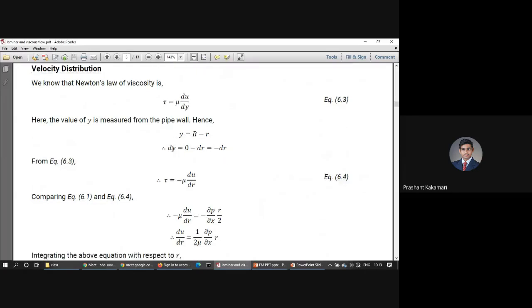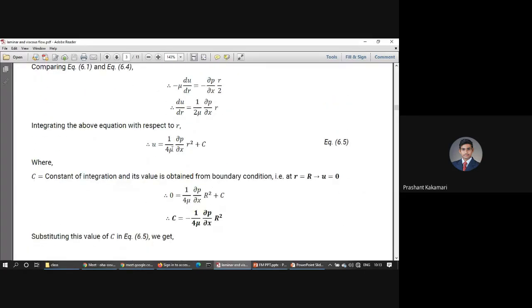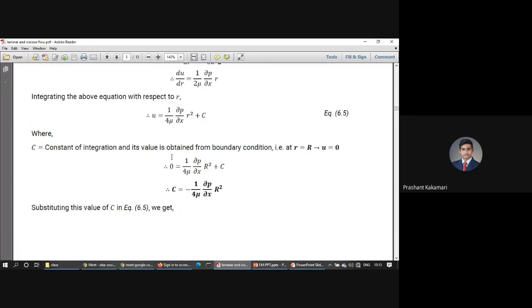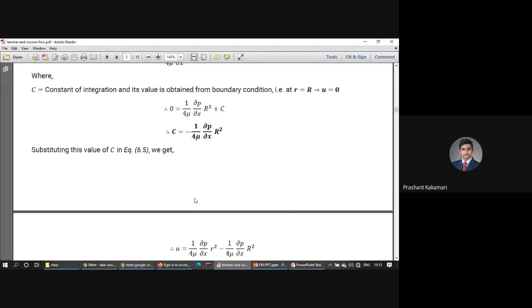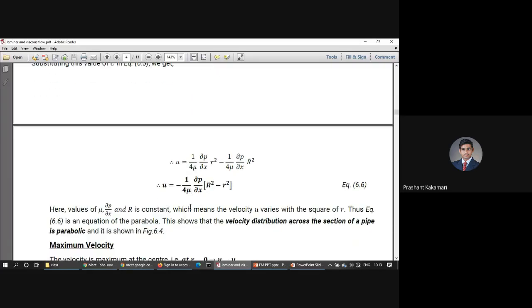Velocity distribution, if you recall the equations: the velocity at a given radius can be found by using 1 by 4 mu dou p by dou x into r square plus c, where c is the constant of proportionality. After substituting, one can use the final formula, minus 1 by 4 mu dou p by dou x into capital R square minus small r square.